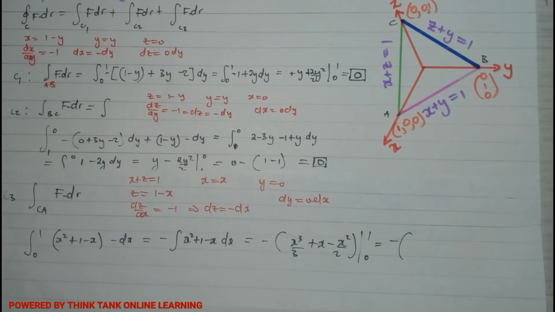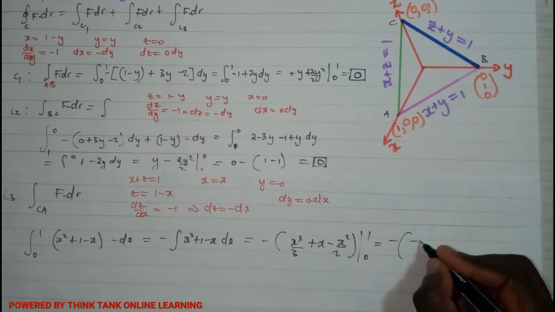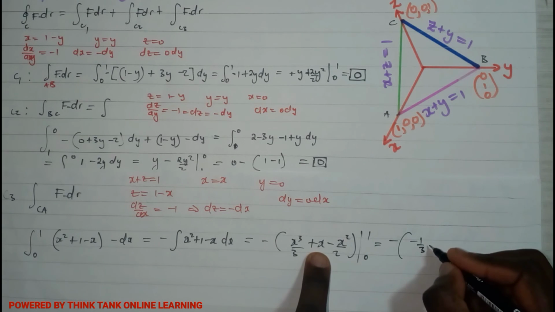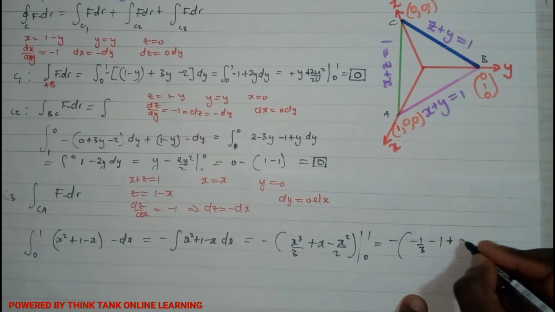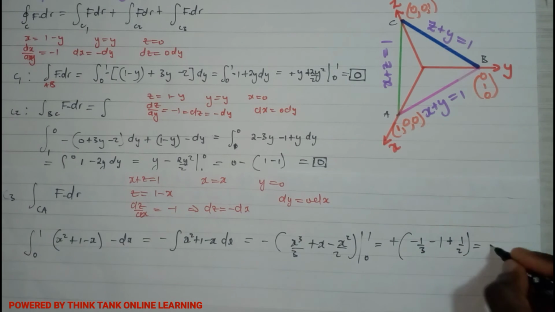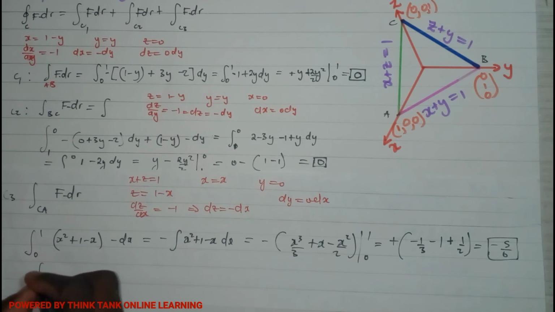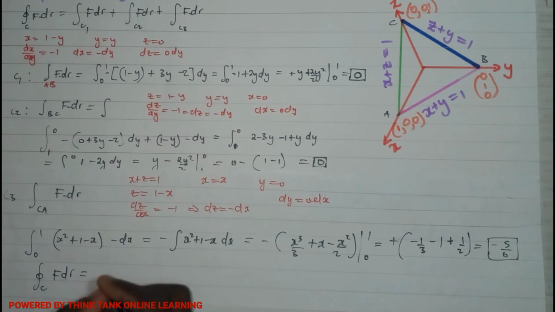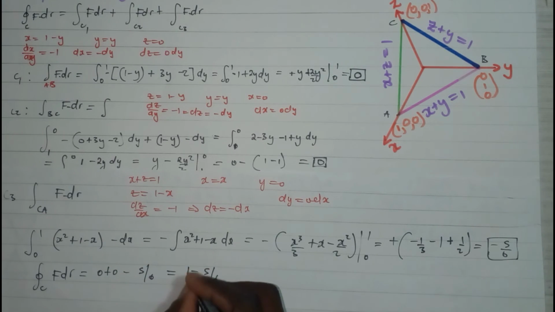Since we have a negative, we're going to have negative 1/3, negative 1, plus 1/2, and the answer is negative 5 over 6. So the total line integral for the closed path is going to be 0 plus 0 minus 5 over 6, and that equals negative 5 over 6.